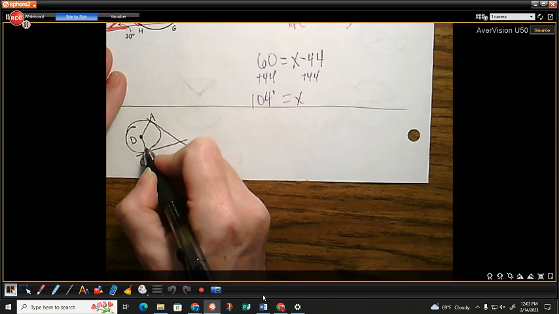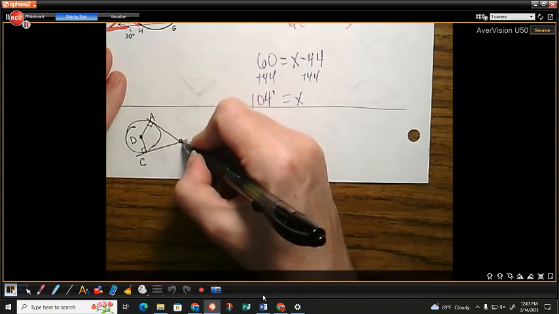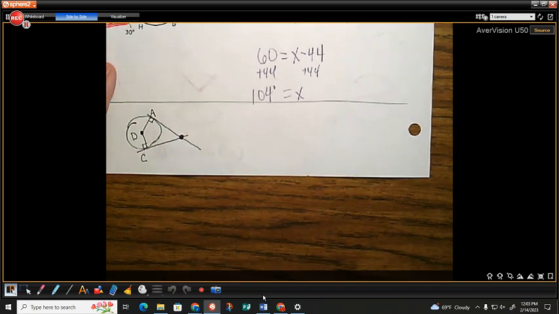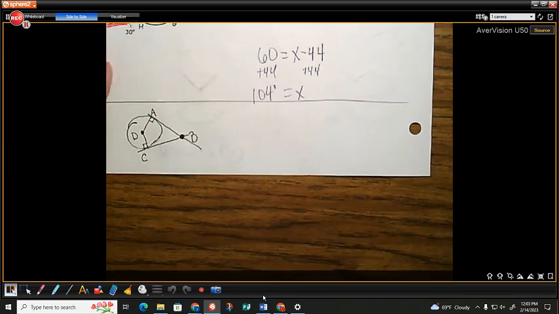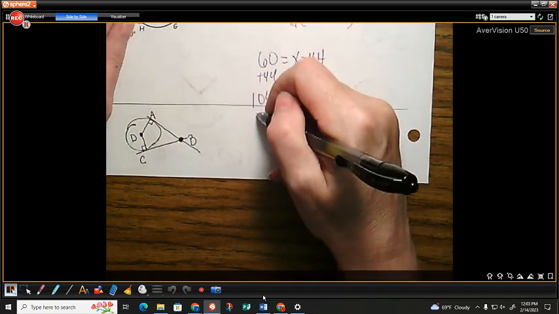And remember, the tangents will be perpendicular. And they're going to meet somewhere outside your circle. Let's call that point B.